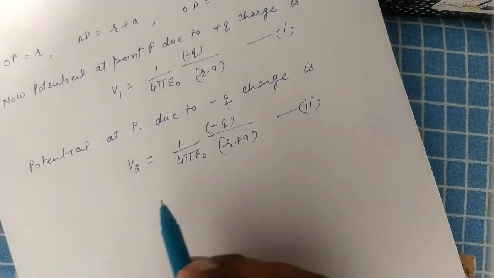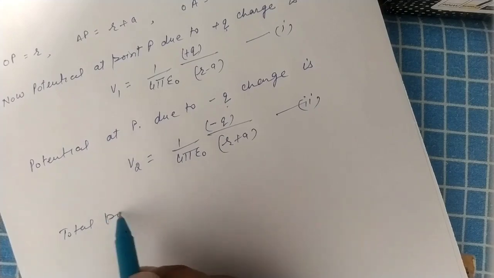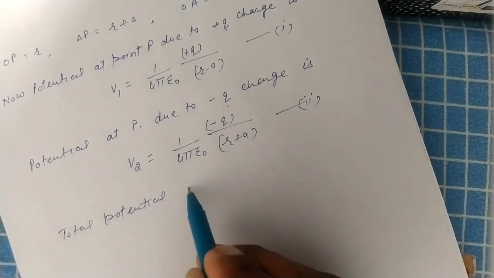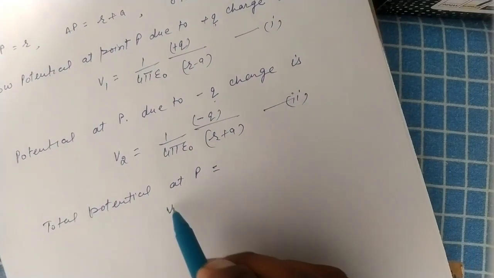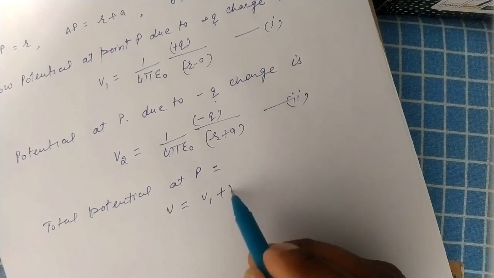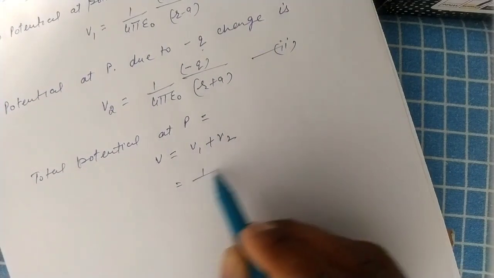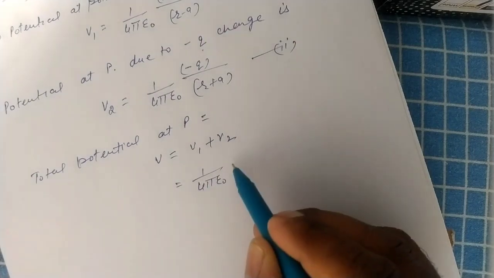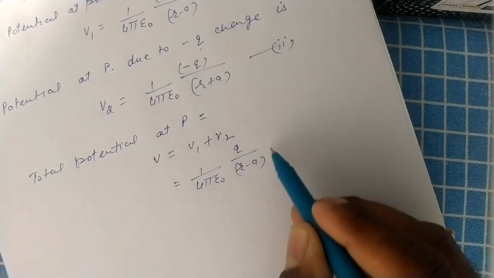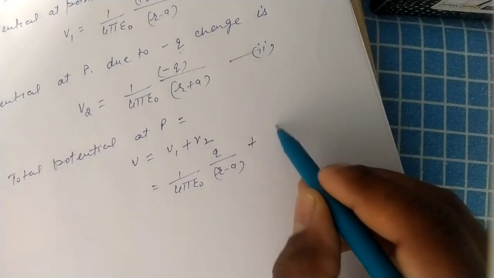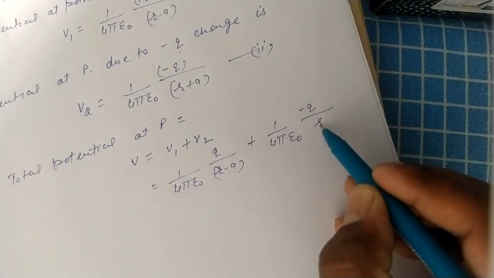We know that total potential at point P is equal to V1 plus V2. Here V1 is equal to 1 upon 4 pi epsilon naught Q divided by R minus A plus 1 upon 4 pi epsilon naught minus Q divided by R plus A.